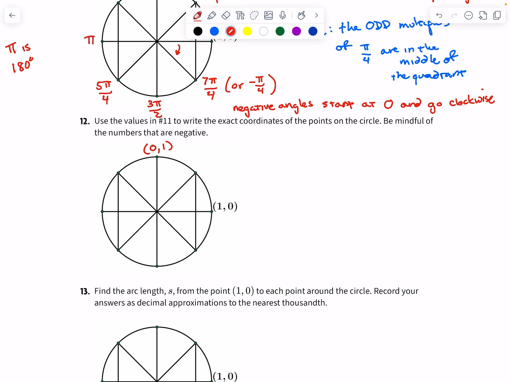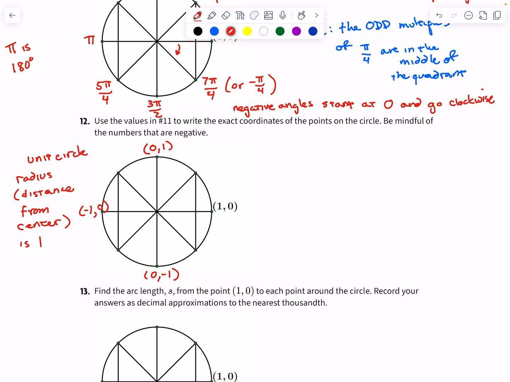Over 0 up 1, the radius is 1. Unit circle. Okay, this point is negative 1, 0, and this is 0, negative 1.